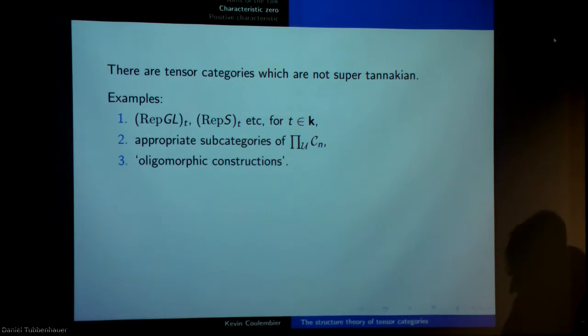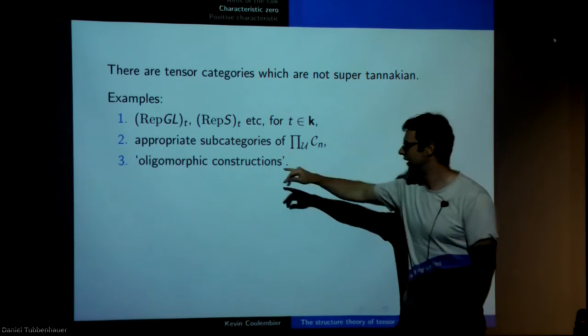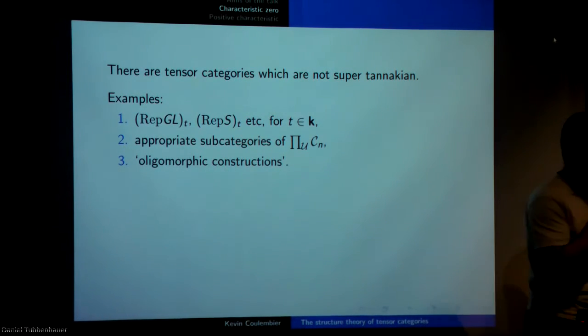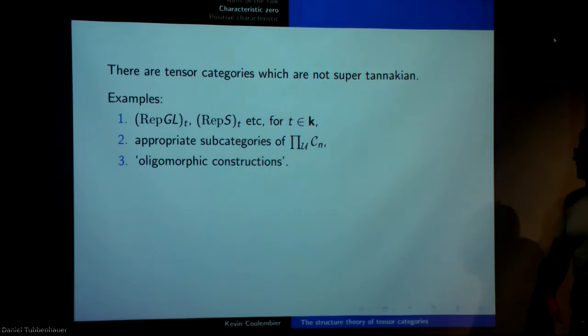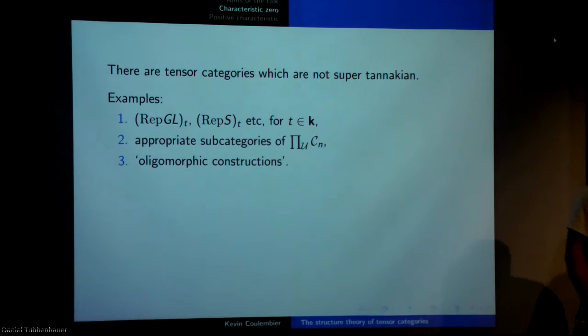And more recently, Nate Harman gave a great talk here a couple of months ago about this polymorphic business. So there's a completely new construction which recovers these ones, but some fundamentally new ones as well, which are really interesting.